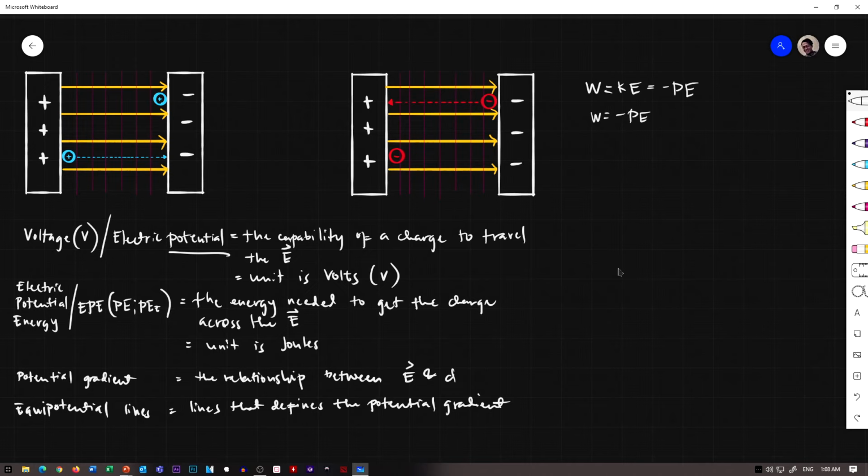But of course, it will gain kinetic energy because, as we know, a positive plate will of course repel the positive charge. So what will happen? It will move towards the negative plate. So its maximum potential energy will be decreasing over time. Then its work will increase over time, which is of course increasing the kinetic energy as well.